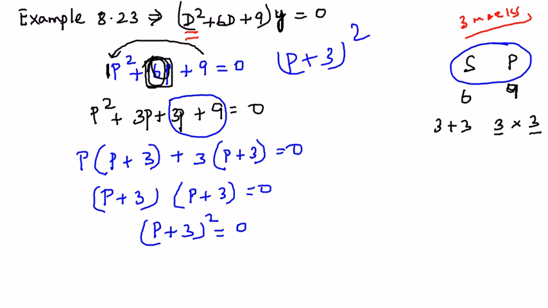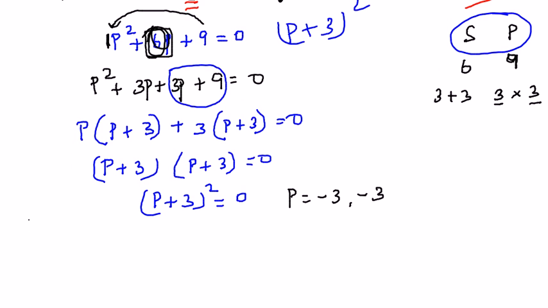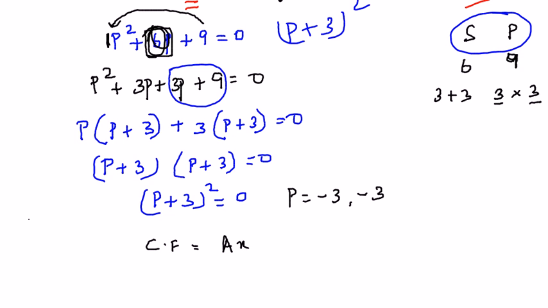So we get p is equal to minus 3 comma minus 3. When we see that the roots in the characteristic equation are the same, then the solution, that is the CF, the complementary function, would be ax plus b into e power minus 3x.